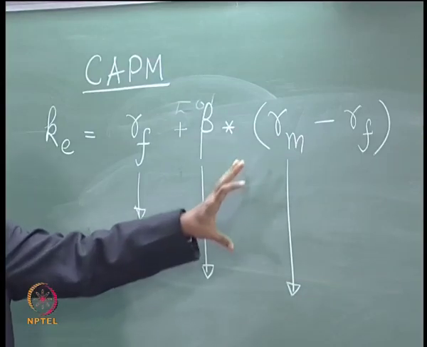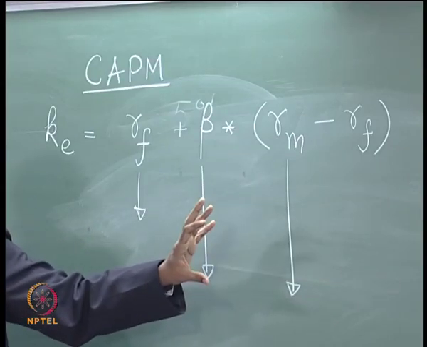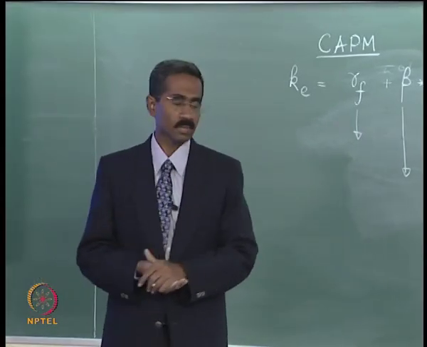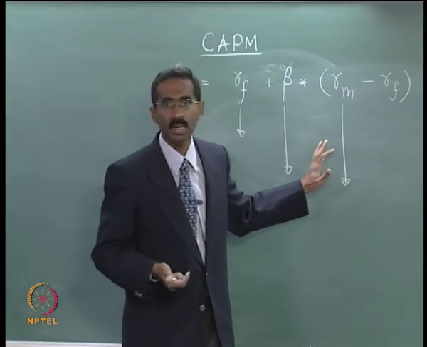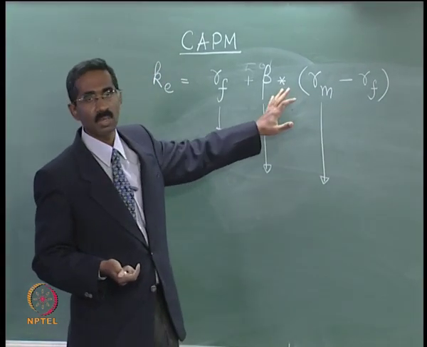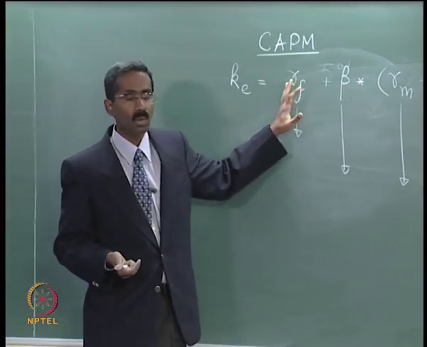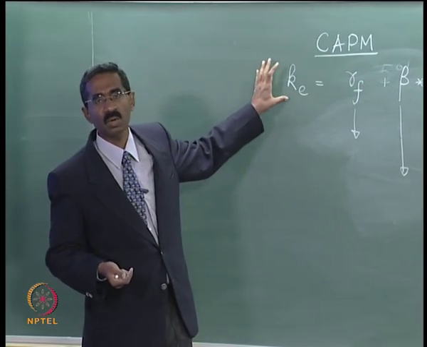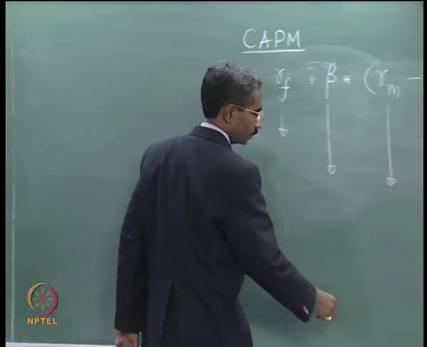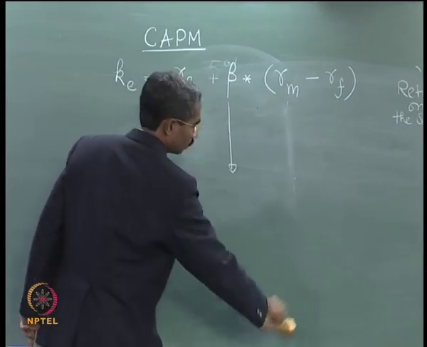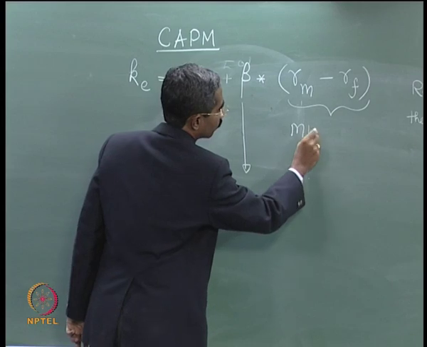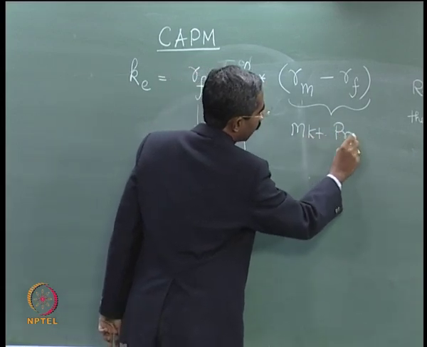The return that we get by investing in such a portfolio would be called your market returns. Market returns net of the risk free rate of return, multiplied by beta, plus your risk free rate of return, would give you the estimated or expected value for the cost of equity. This term RM minus RF is also denoted by what is called your market premium.